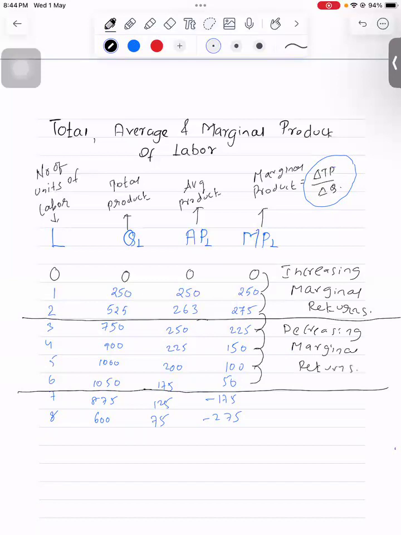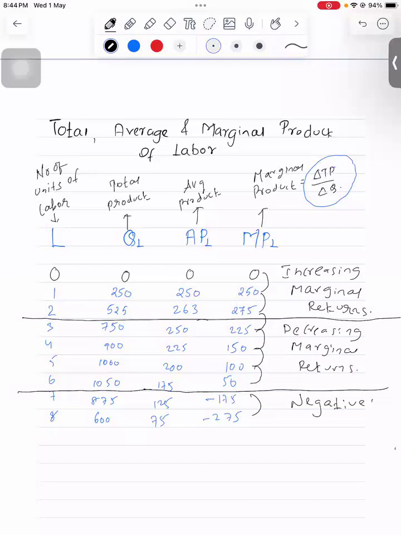After sixth worker, marginal product went negative. So this means beyond a point, if you keep on adding more and more workers, the law of decreasing marginal returns will kick in your production process.